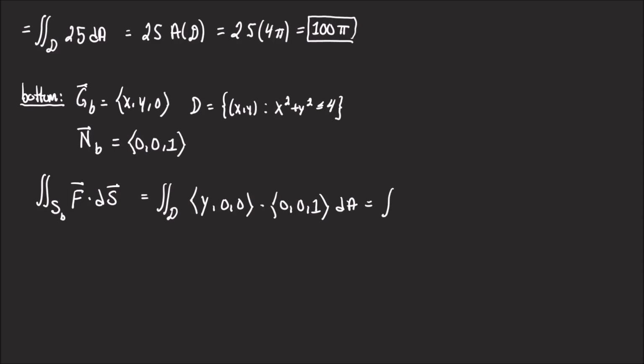Well, that just winds up being 0 dA. And so we have no flux through the bottom. This just now leaves the side. Now, if we look at the side, this is a classic cylinder.